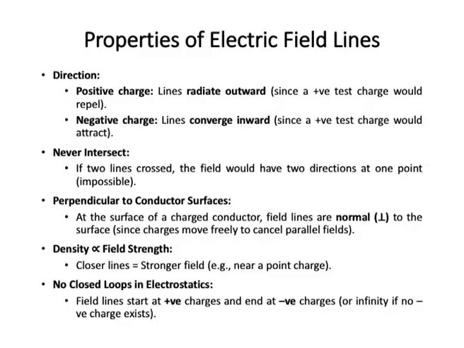Next, in the case of negative charges, the electric field lines converge inwards. Why do they converge inwards? Because a negative charge would attract, so the lines converge towards the charge.